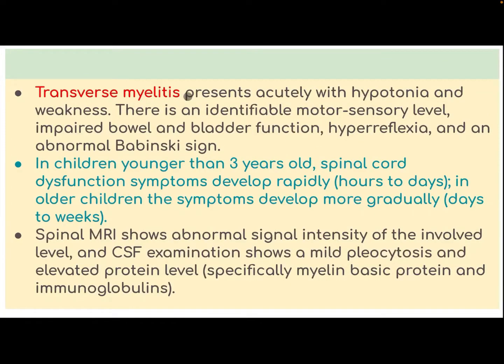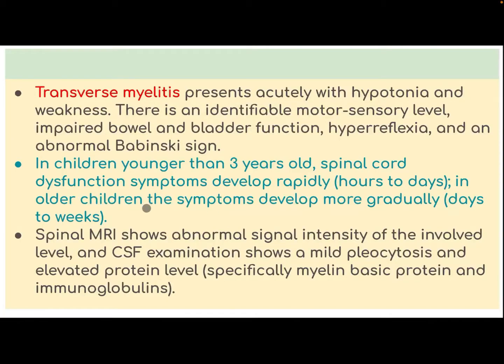Transverse myelitis presents acutely with hypotonia and weakness. There is an identifiable motor sensory level, impaired bowel and bladder function, hyperreflexia, and an abnormal Babinski sign. In children younger than 3 years old, spinal cord dysfunction symptoms develop rapidly, in hours to days.